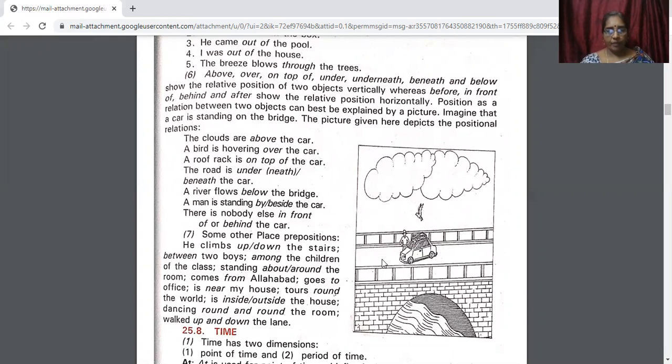Now, some other place prepositions. He climbs up or he climbs down the stairs. Between two boys. Among the children of the class. Standing about around the room.